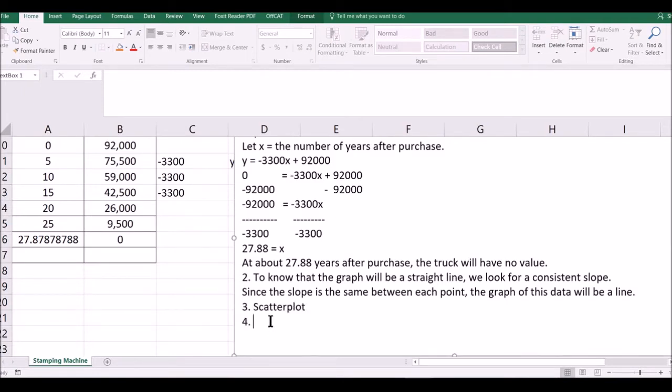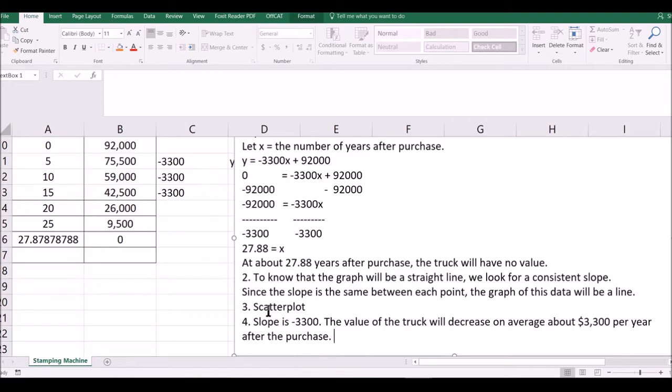And so the slope is negative 3,300. And the meaning of that is the value of the truck will decrease on average about $3,300 per year after the purchase.